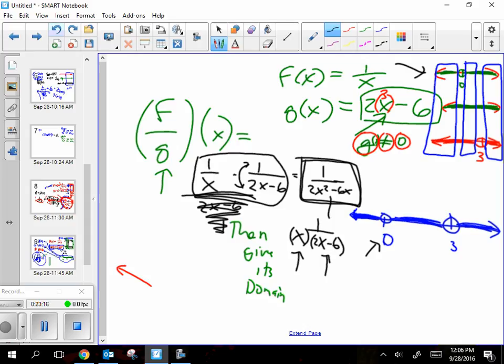What I'm saying is, had this function canceled anything along the way, which it didn't, you wouldn't have noticed. Like, let's say this had canceled off. You would have thought, oh, everything works except 3. But you would have not noticed that 0 also canceled off along the way, and that's why it's not safe to trust looking at the child function to try to get its domain. You got to look at the two parents to get the domain.